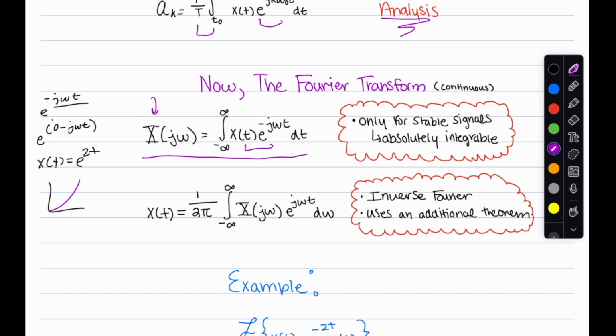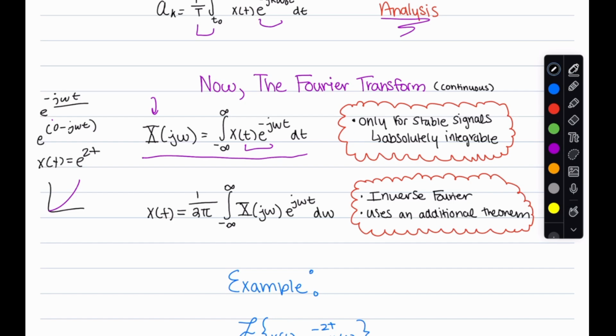Well, since e to the negative j omega t doesn't actually have a real part, there is no way that we can dampen, limit, or prevent this from going unstable into infinity. You've probably heard the term damping before in your physics classrooms. That's the issue: there is no real part of the complex exponential to dampen the real part of x of t.